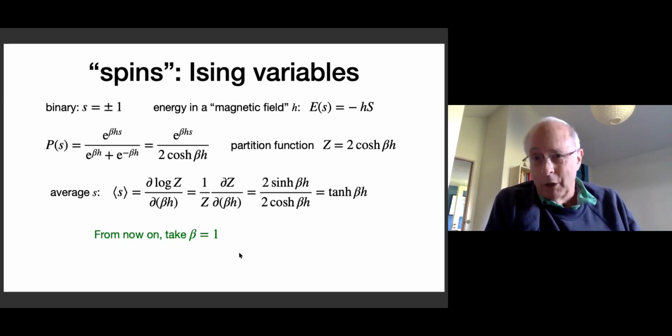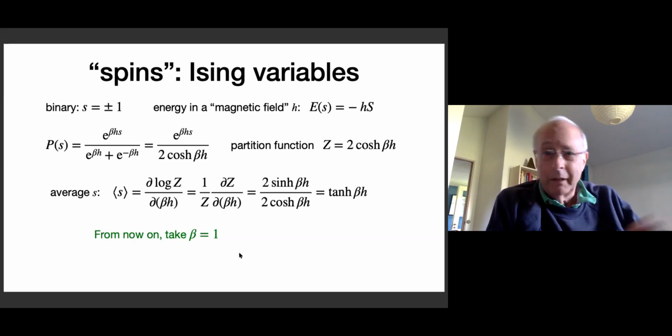That means S equals plus 1 has a lower energy than S equals minus 1, and therefore it has a higher probability, because the weight is e to the minus beta times E.